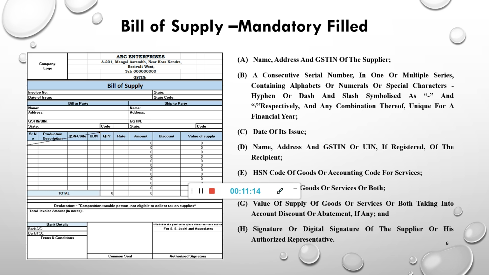In case of continuous supply of goods, where successive statements of accounts or successive payments are involved, the invoice shall be issued before or at the time each such statement is issued or, as the case may be, each such payment is received.